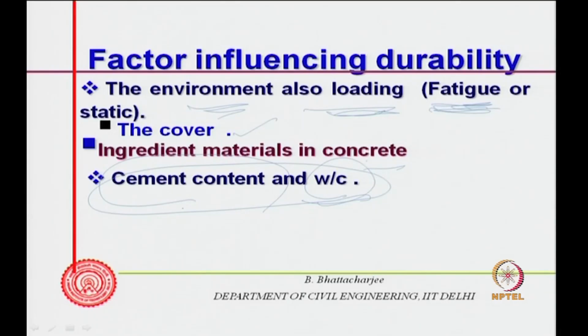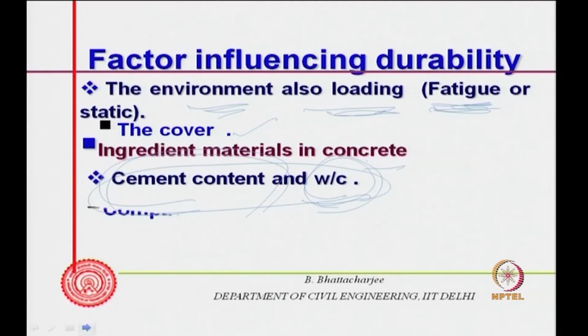But some research has shown that it is not important to actually control the cement content; durability can be good even with low cement content, but sufficient fine material in the system. You must have a good amount of paste in the system, not necessarily cement, but most of the codes prescribe a minimum cement content even today. Paste content is more important, and water cement ratio is very much important.